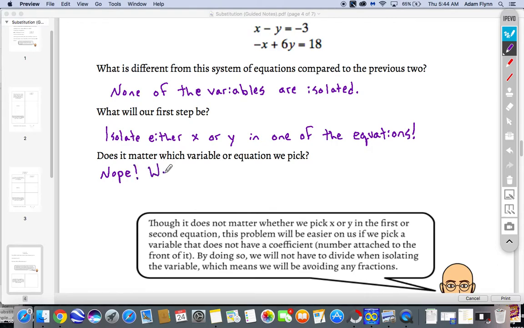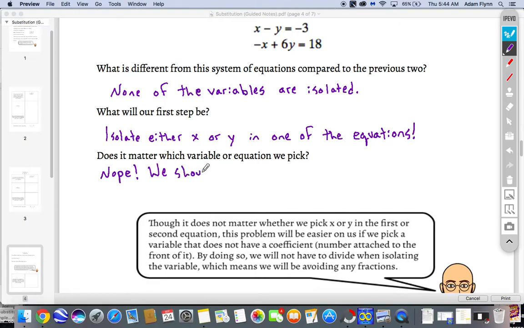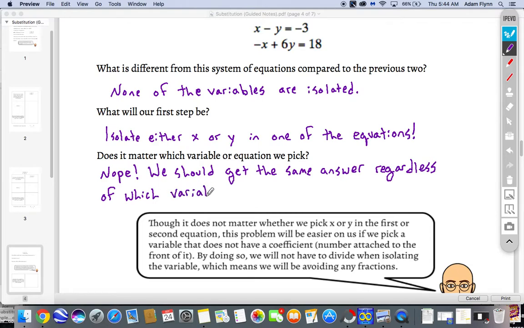We should get the same answer regardless of which variable or equation we pick.